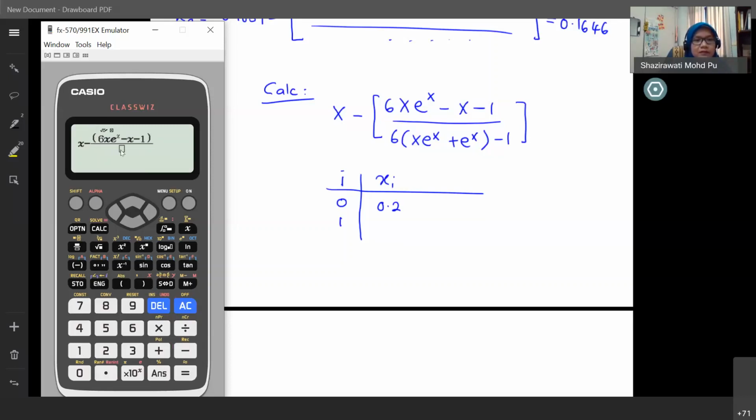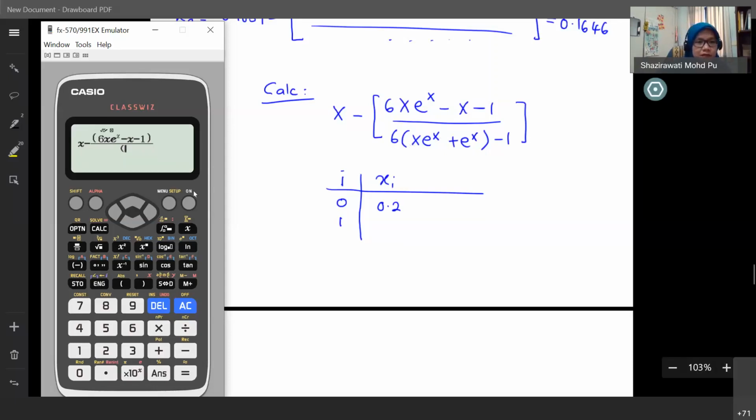Now at the denominator, I have the bracket. If you have this kind of calculator, you can just use the derivative term here, d dx. But if you don't have this d dx, then you need to put the derivative that you constructed earlier, using the product differentiation.